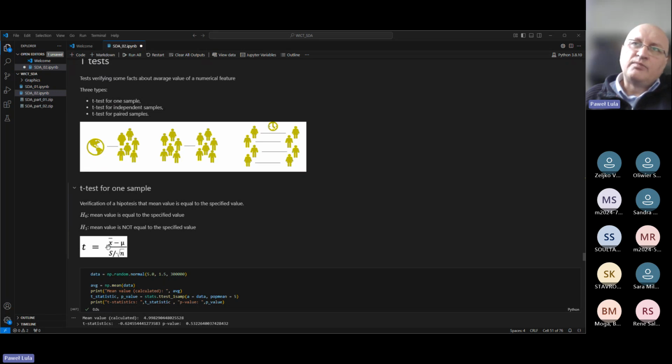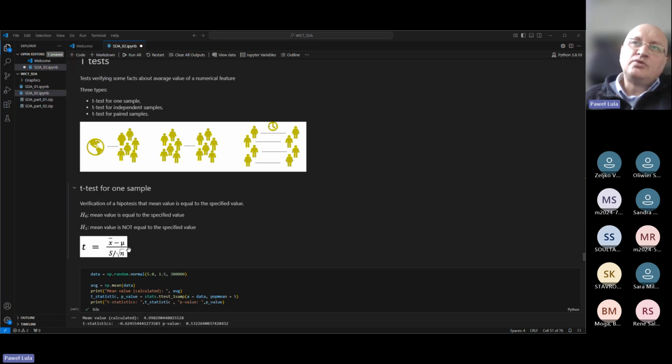X̄, this symbol, is the average value which was calculated by us. And here is a value which was specified, which was defined by us.